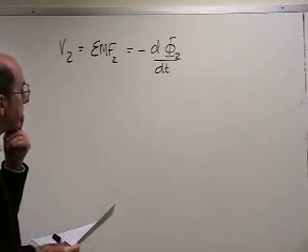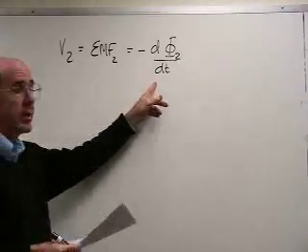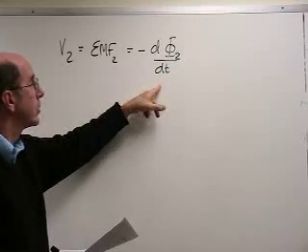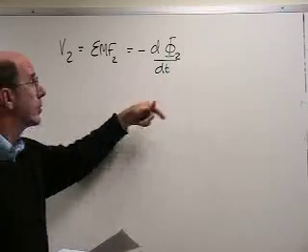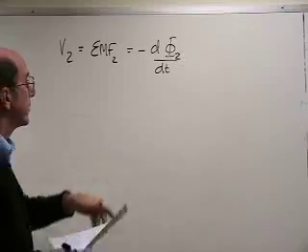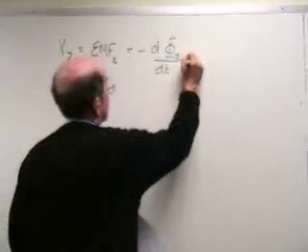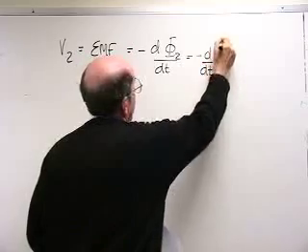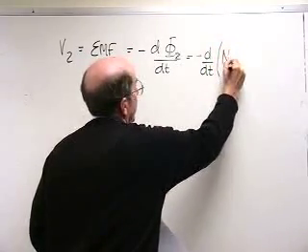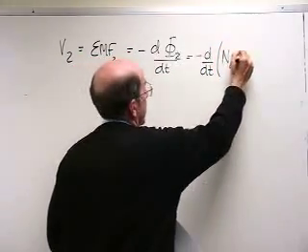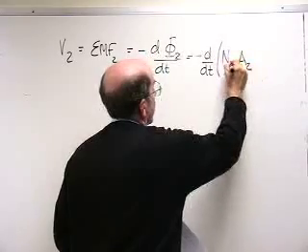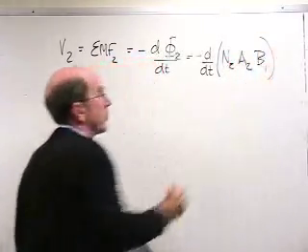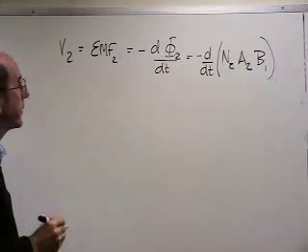We've got a coil that has N2 turns. It's going to have a field through it which is produced by the first coil, and it has a cross-sectional area. So this is equal to minus d dt of the number of turns in the second coil times the area of the second coil times the B field that was produced by the first coil.